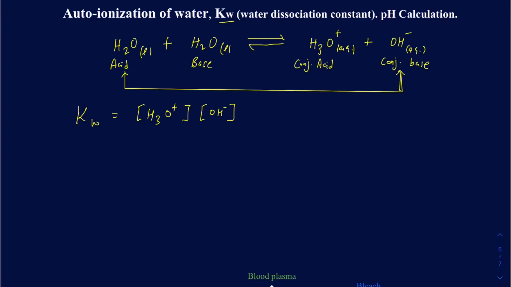Just keep in mind, you only write these constant expressions for species that are aqueous or gaseous. So for right now, just know that Kw is the product of the hydronium ion concentration and the OH- ion concentration. That's one way of writing it. You may also see it written in books as the H+ concentration times the OH- concentration, and they are the same thing.